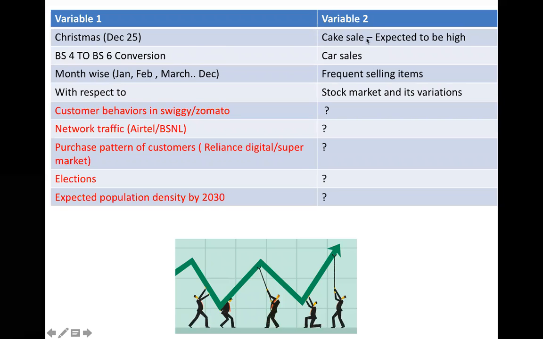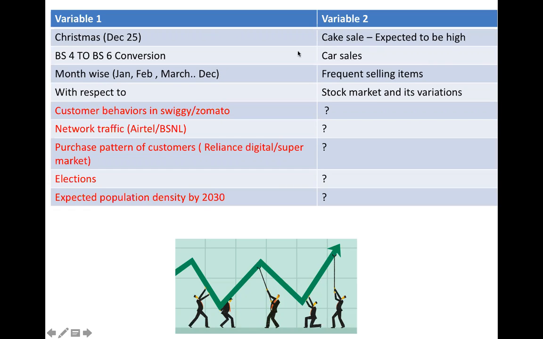Do you infer the variable 2 is a kind of monetary variable here? Everybody? Sales, selling items, stock market. So everything is associated with monetary value here. So what are all the variables that are linked with respect to the monetary variable?